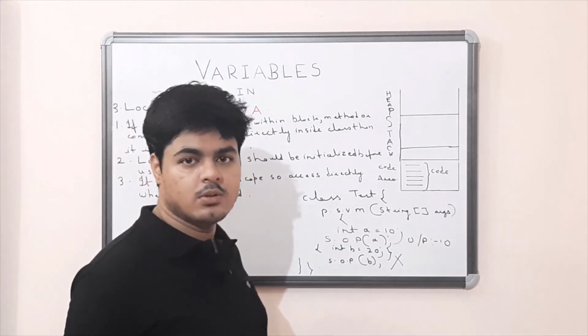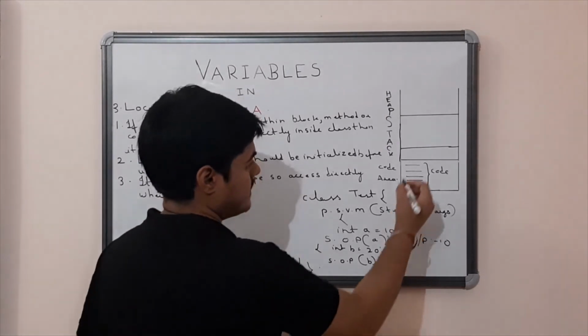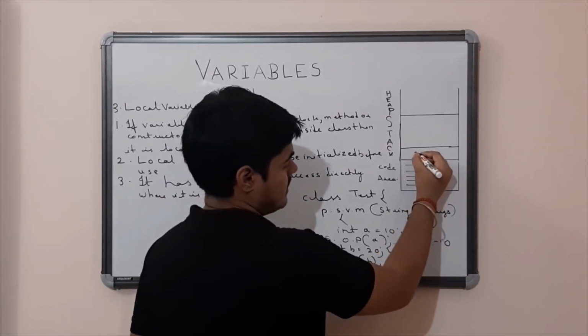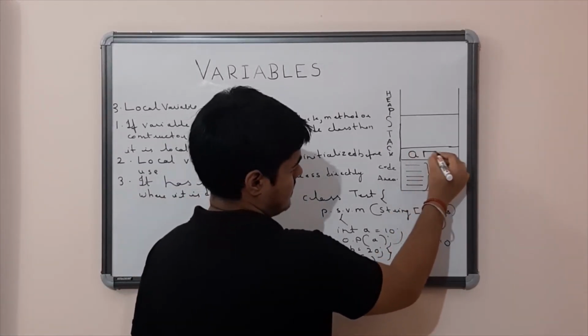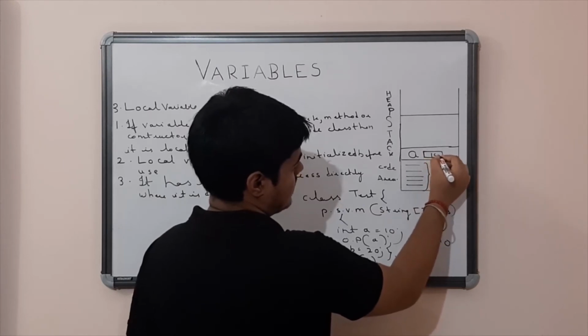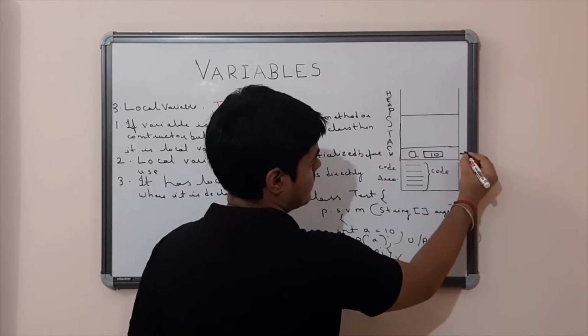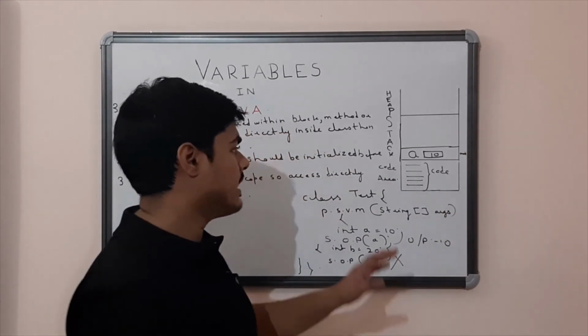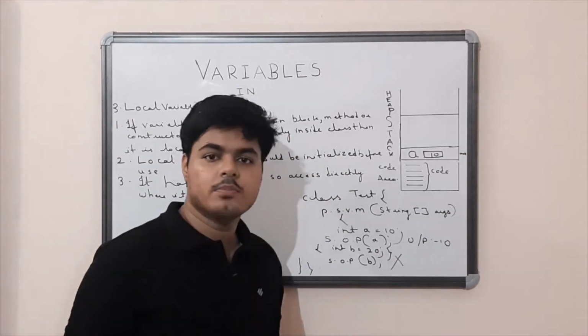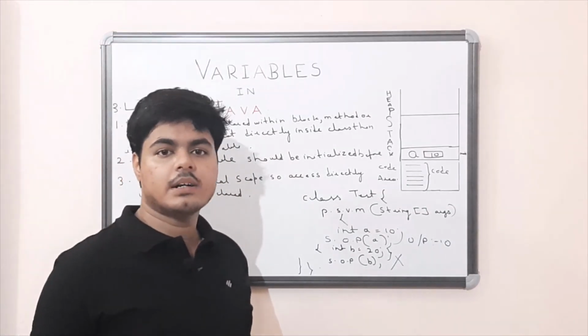Now this local variable is allocated in the stack frame for the main function. So it is neither a part of the object nor part of the class.